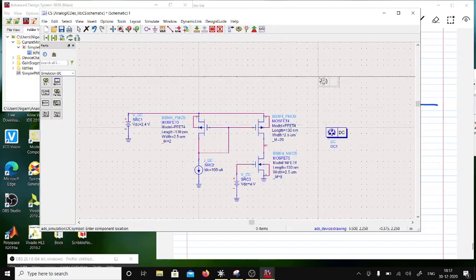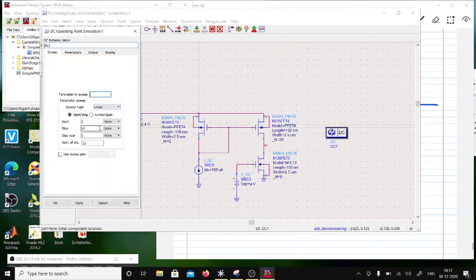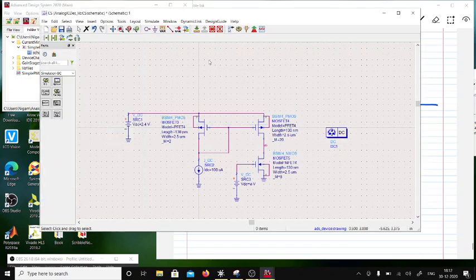So that's the DC analysis, and here I am going to sweep VI from 0 to 2.4 volts, which is the supply, in very small steps of 0.001. Fine.